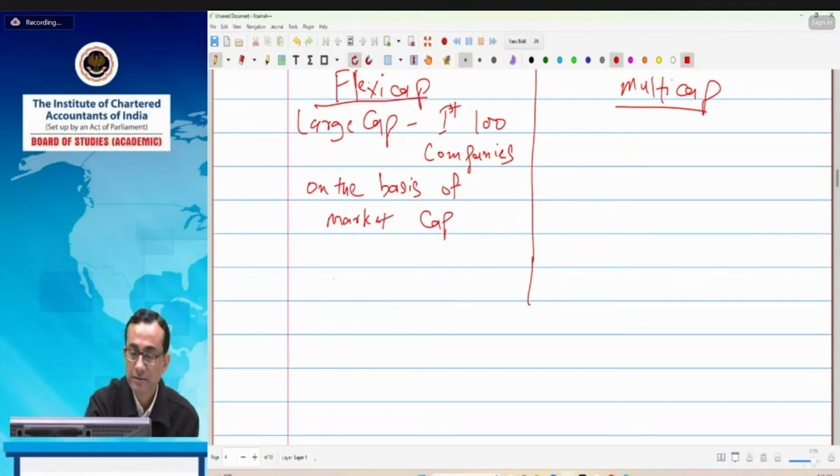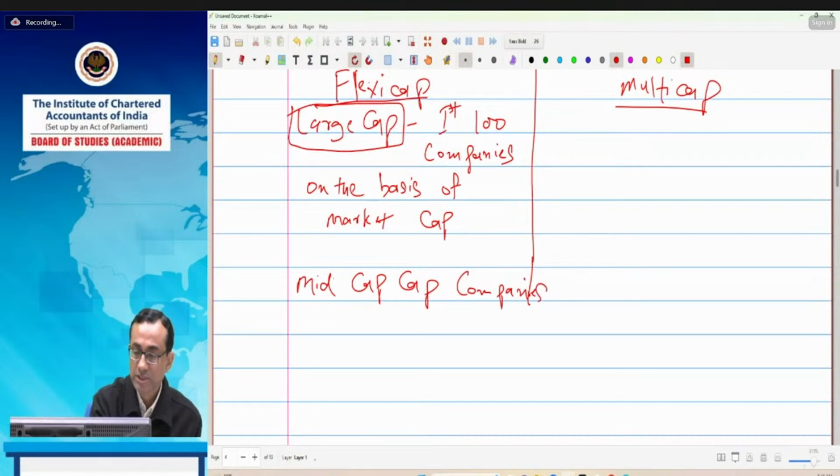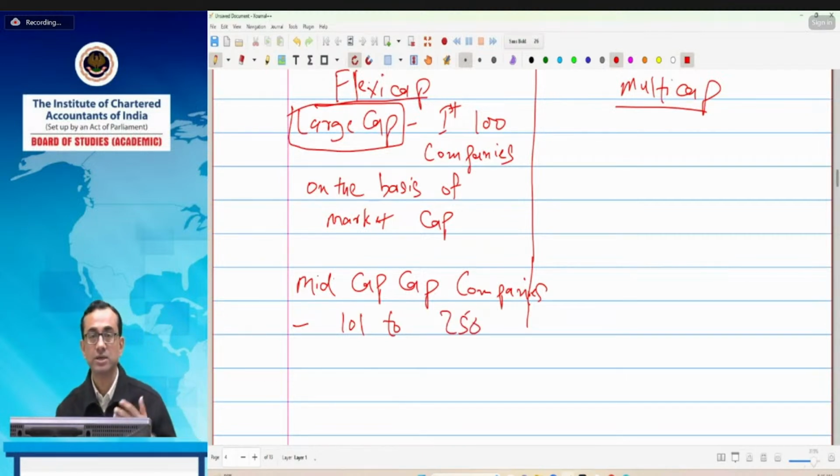Second comes mid cap companies. Mid cap companies are between 101 to 250, the next 101 to 250 companies.